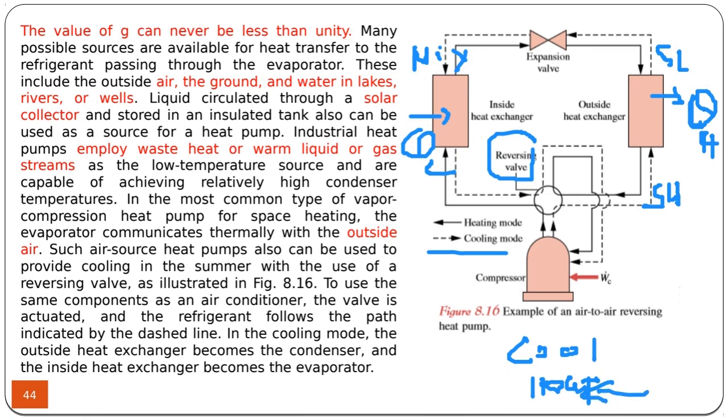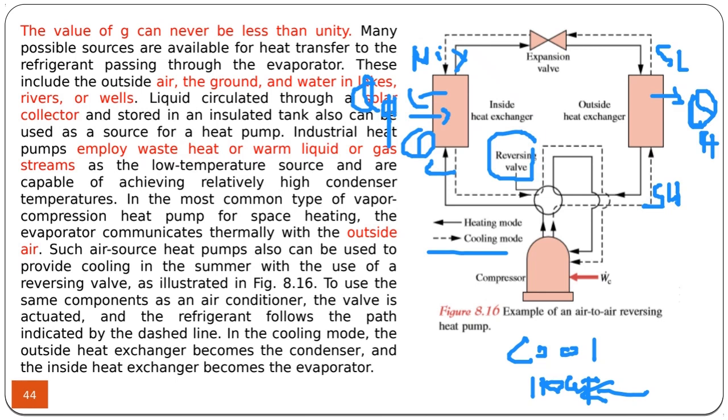So instead of the compressor sending the refrigerant to the outside unit, it sends it to the internal unit. Then in this case, the internal unit becomes the condenser, and the condenser rejects heat, meaning that it's used as the heater for the inner space.